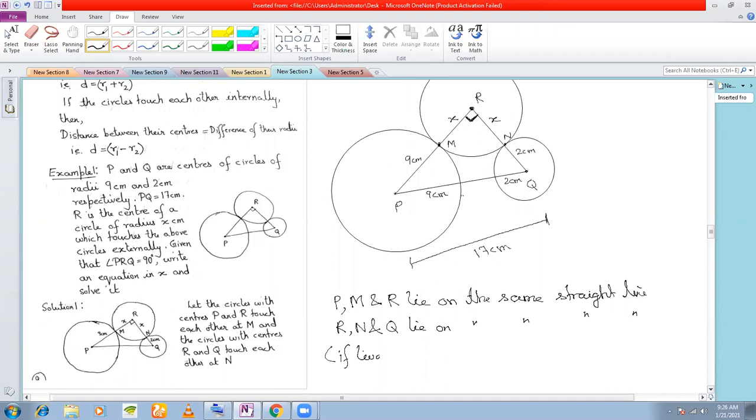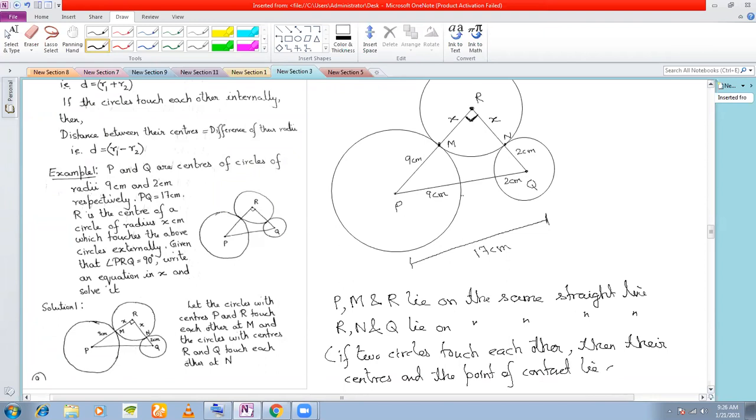If two circles touch each other, then their centers and the point of contact lie on the same straight line.